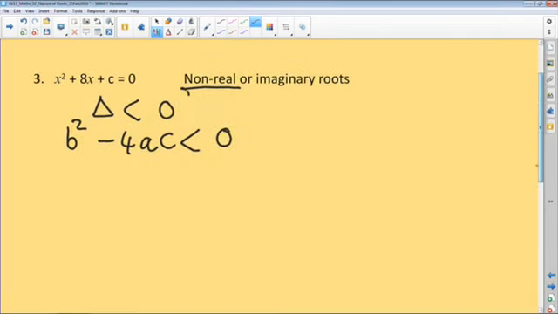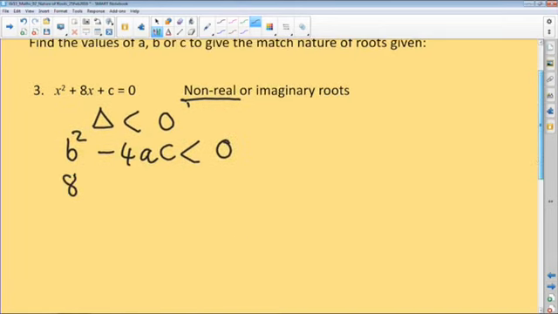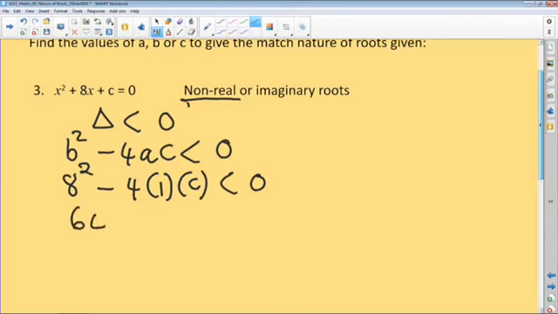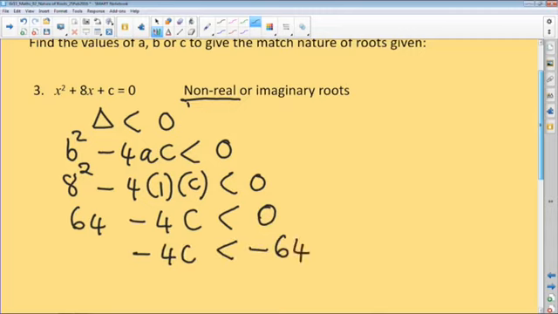Now, b is 8, so you get 8 squared minus 4, a is 1, and then you have c, should be less than 0. So you've got 64 minus 4c is less than 0. So you've got minus 4c is less than negative 64.